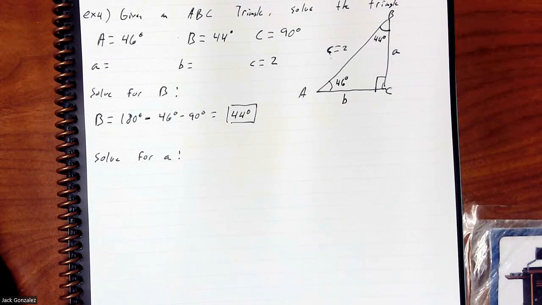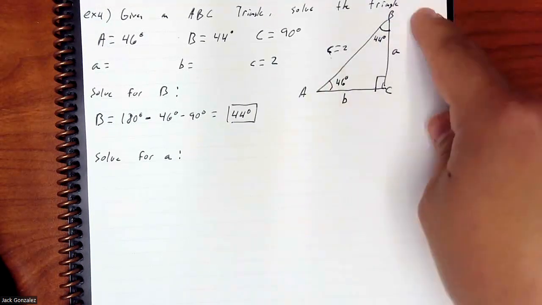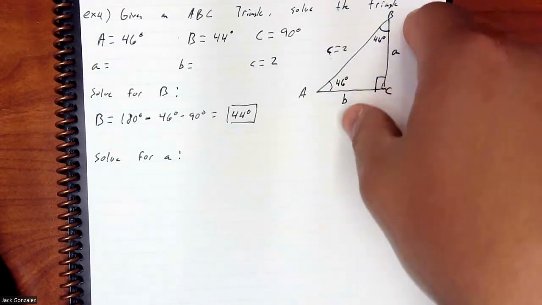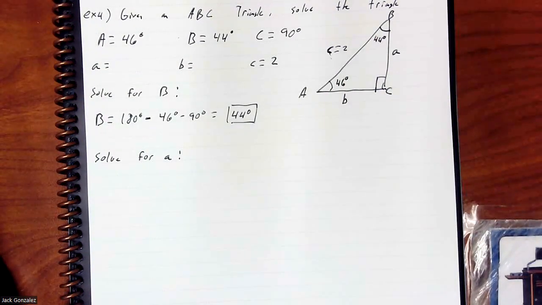Well, which angle would you choose? We can do 46 or 44, right? Doesn't matter. So you first choose one of those locations, and then choose sine, cosine, tangent. Pick one of those.